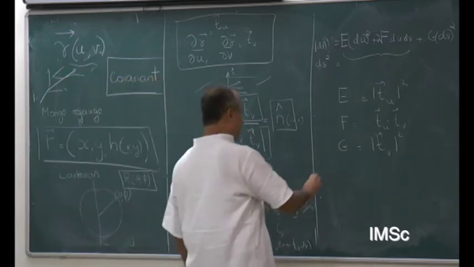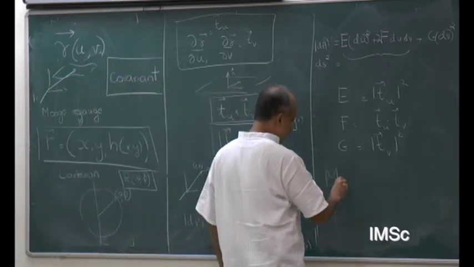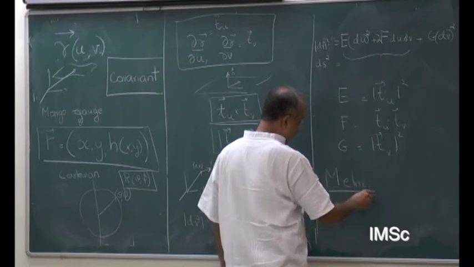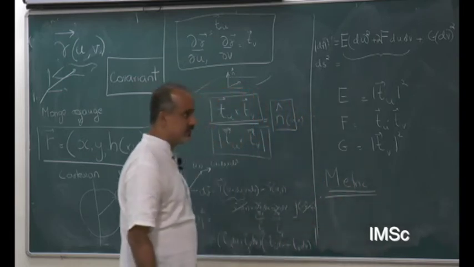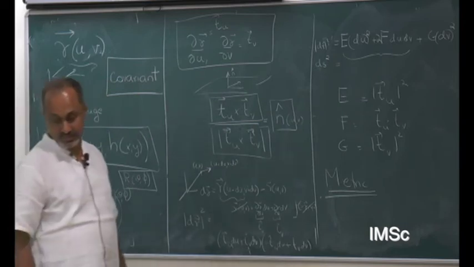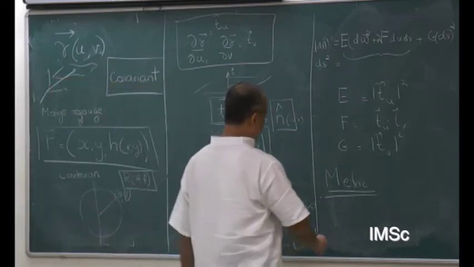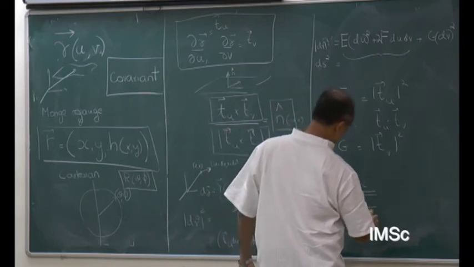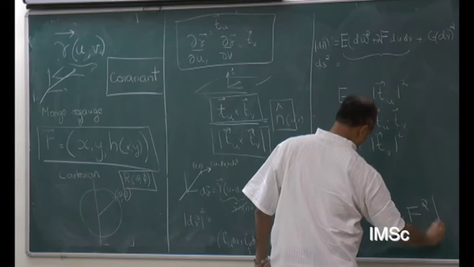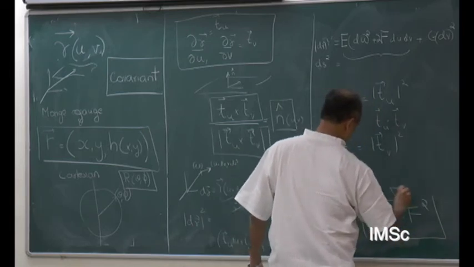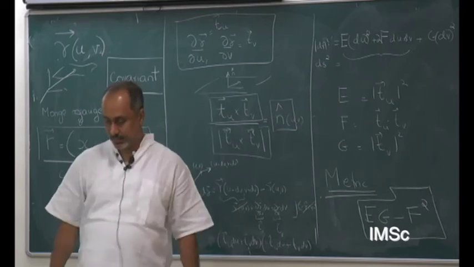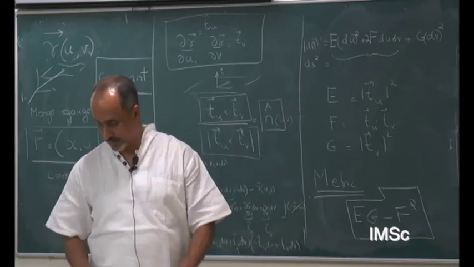So there's a quantity which I will just tell you briefly about now. It's called a metric, and that is defined as EG minus F squared. And the metric is a somewhat useful object.